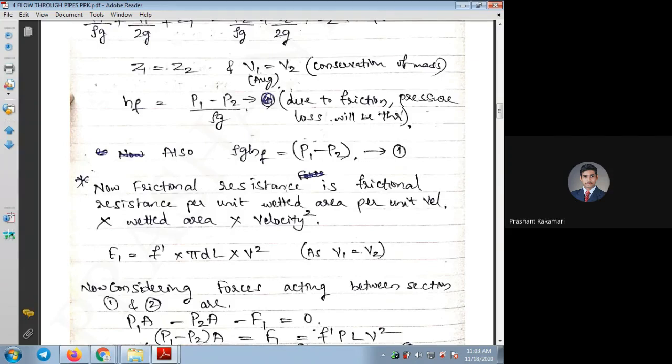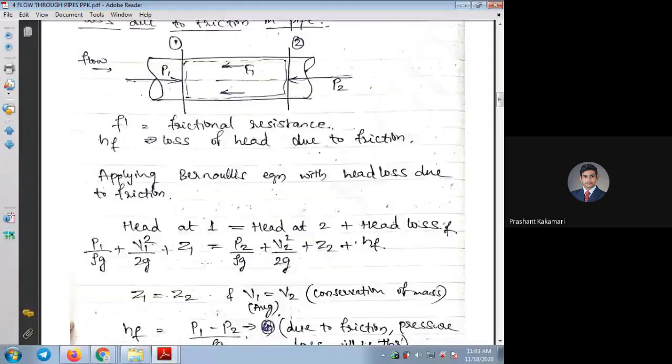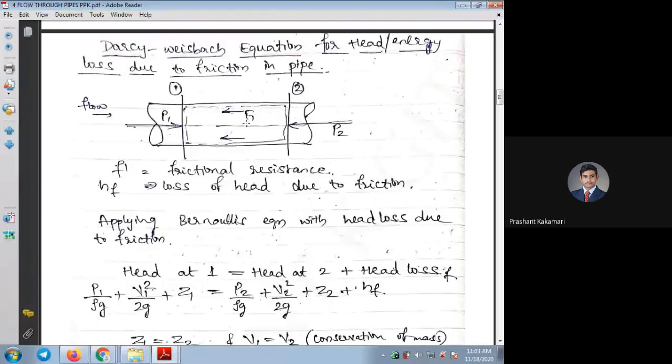Because we are finding frictional resistance, the frictional resistance per unit wetted area per unit velocity, you can rename it as small f dash. To cancel the per unit wetted area, I am multiplying with the wetted area; to cancel the per unit velocity, I am multiplying again with velocity square. So we are multiplying the small f dash with the perimeter pi d. Pi d is the perimeter of the pipe; for a circular pipe, the perimeter is pi d and the area is pi by 4 d square.